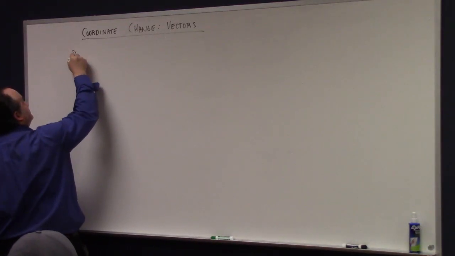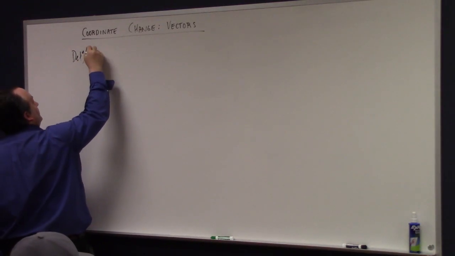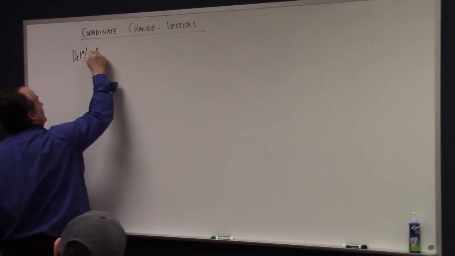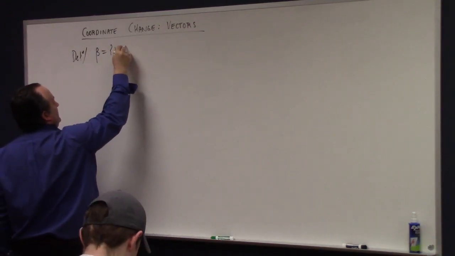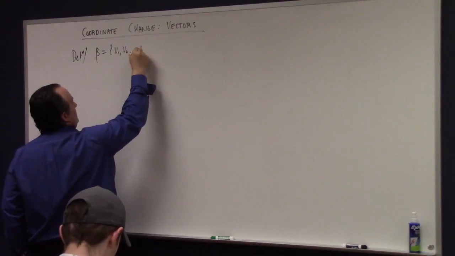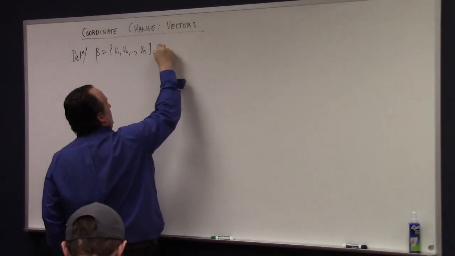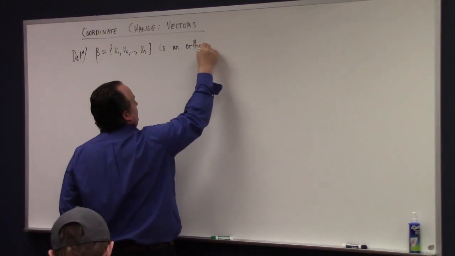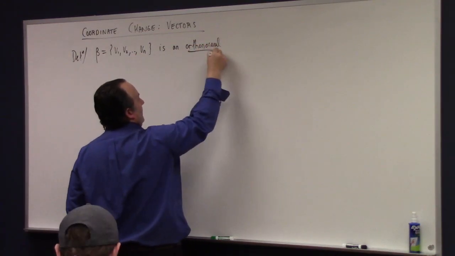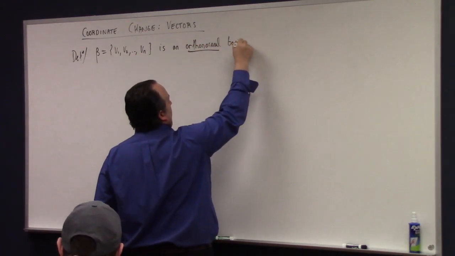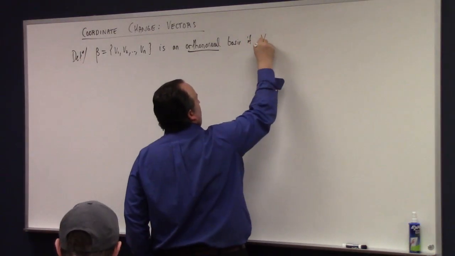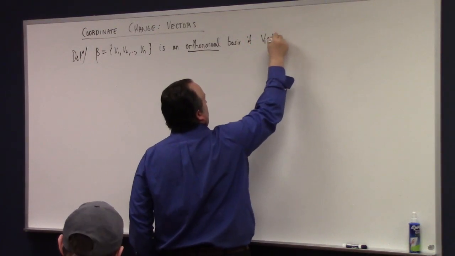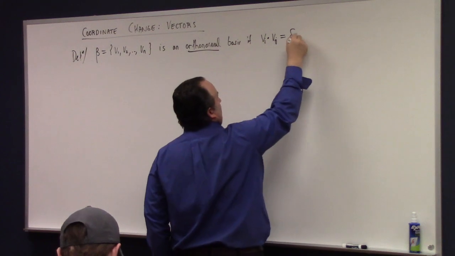Definition: let's say beta equals V1, V2, through Vn is an orthonormal basis if Vi dot Vj is the Kronecker delta Ij.